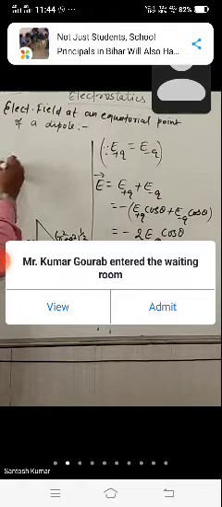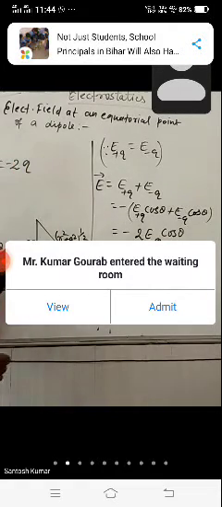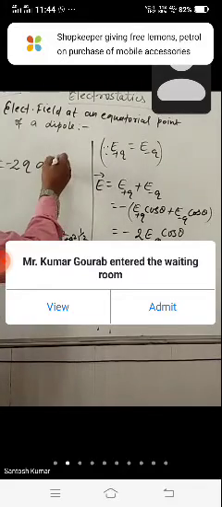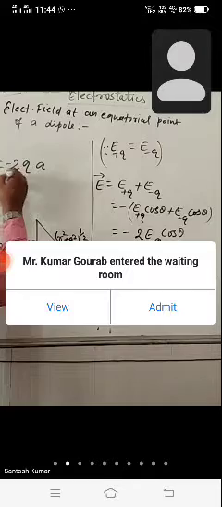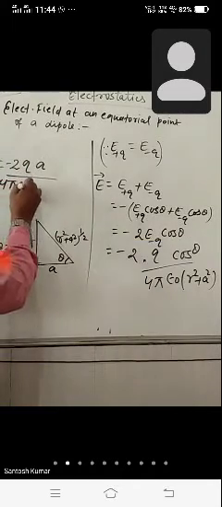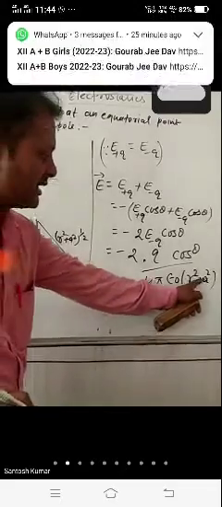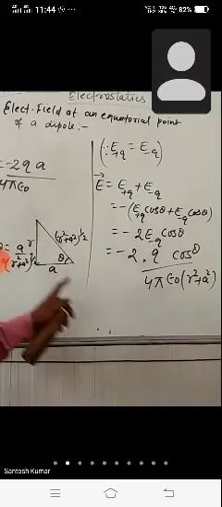You can write minus 2q and this a, sorry, divided by 4 pi epsilon naught, r square plus a square, and this is r square plus a square to the power half.